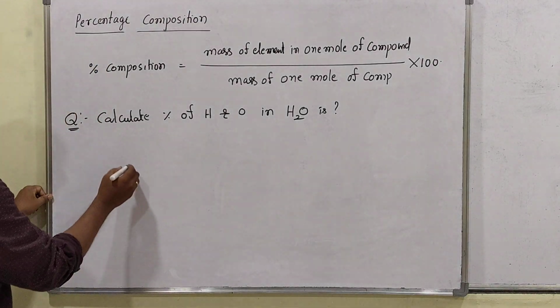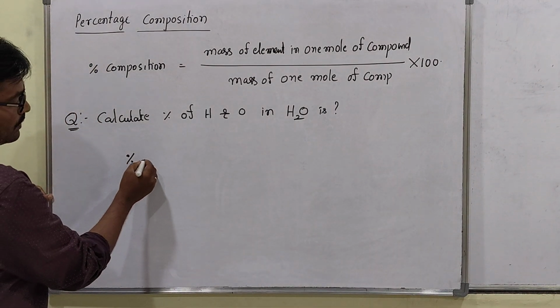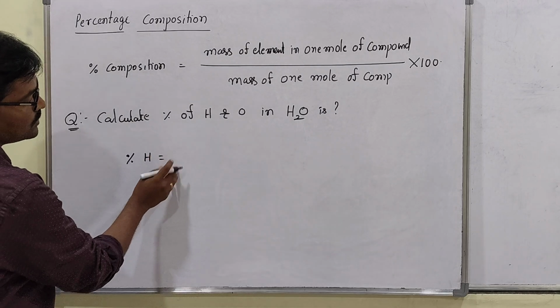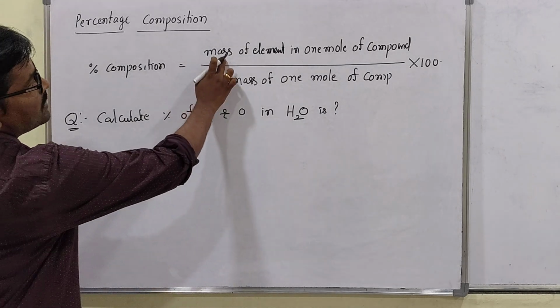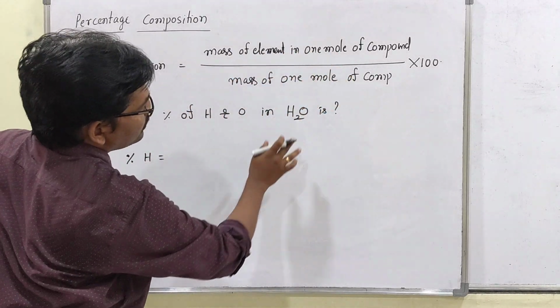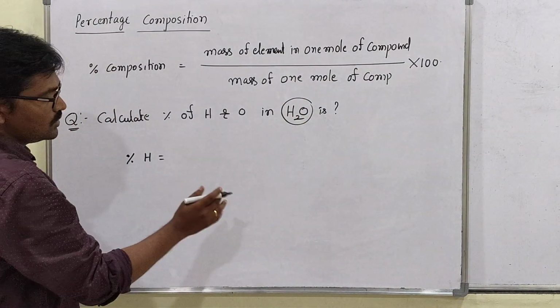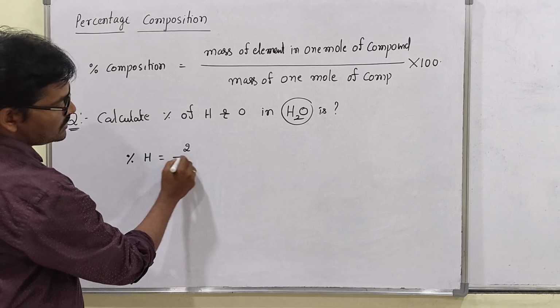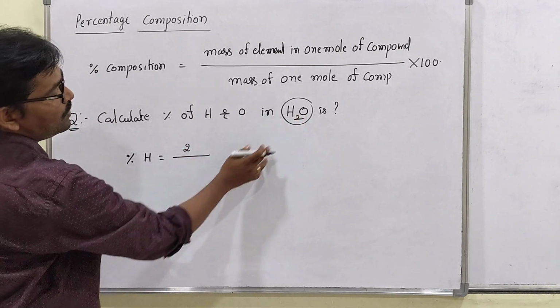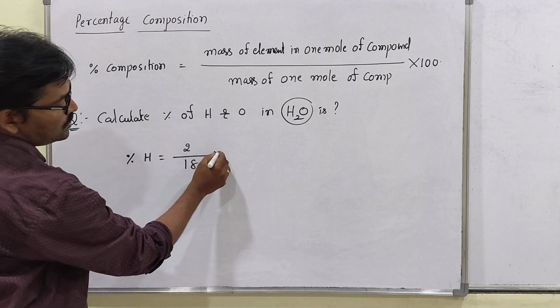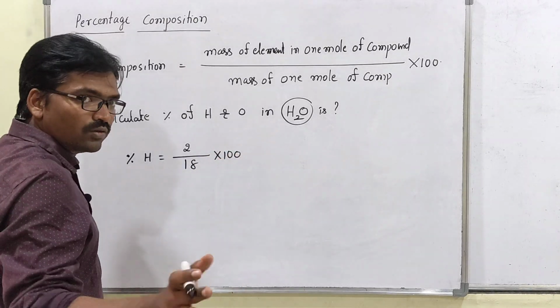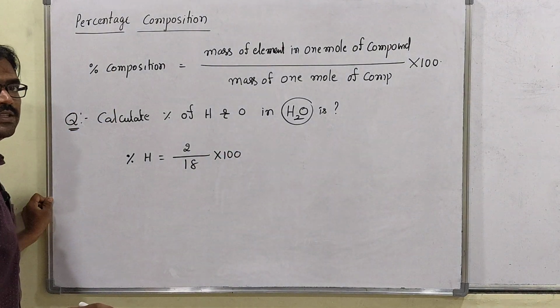So if you want to find the percentage of hydrogen, it equals the mass of the element in the given 1 mole of compound. Take this 1 mole of compound; the mass of hydrogen is 2. So 2 is the mass of hydrogen. Then the mass of the compound is 18, so into 100. Like that you have to find it.